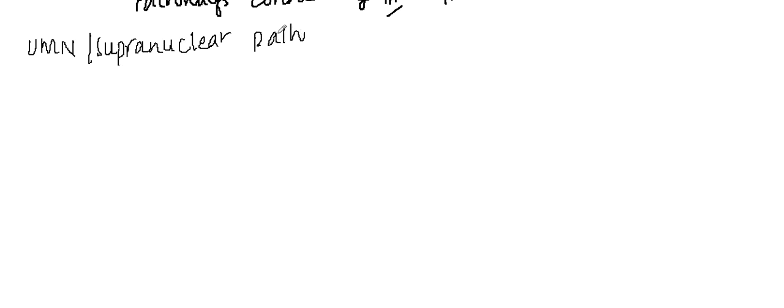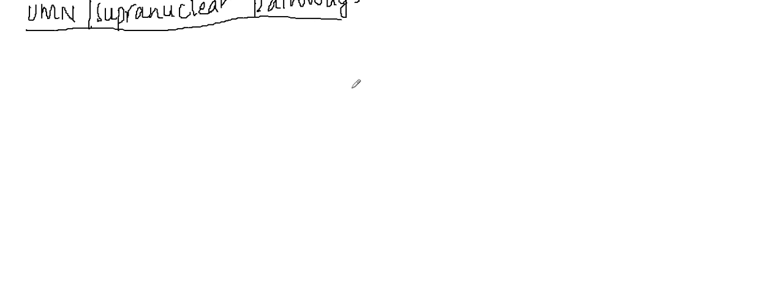So before going into the lesions of these upper motor neuron or supranuclear pathways, first we will have to learn about the pathway, right? These pathways are not just for the third nerve, but the fourth nerve and also the sixth nerve. Sorry, that is all the nerves which are connecting the eye muscles.